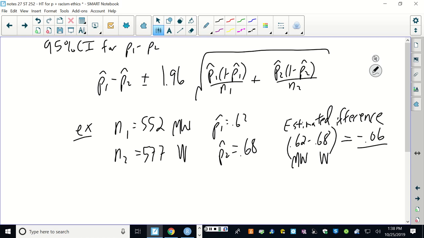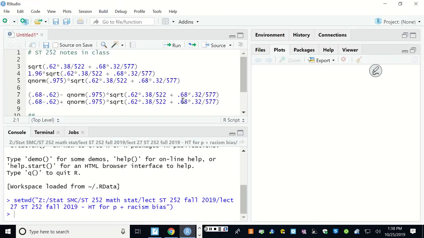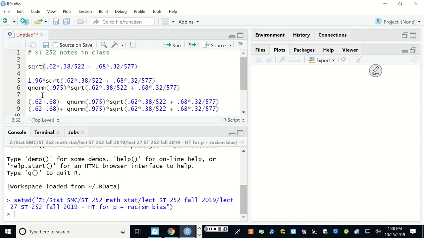So I typed a little bit of that into R, so we don't spend so much time going through it. I reversed it from what I just said. So this first formula would be that estimate of the standard error, right? So the 0.62, 1 minus that is 0.38 over the sample size, plus the 0.68, 1 minus that, over 577.